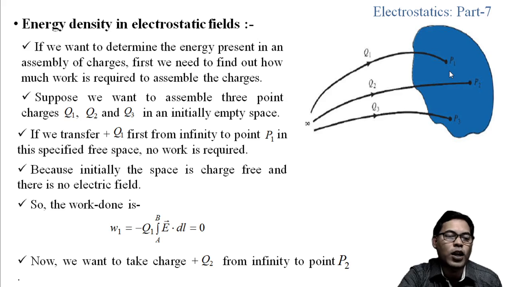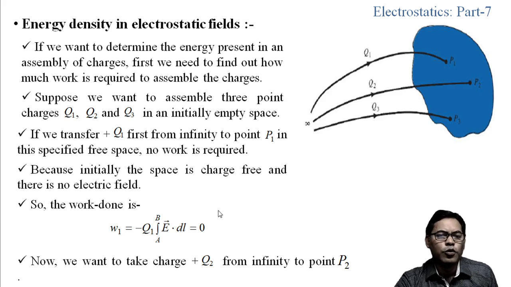So the total work done will be 0, because initially the space is charge free and there is no electric field. So for the work done W1, which is the work done to move Q1 from infinity to P1, W1 equals to minus Q1 integration from A to B of E dot dl, which will be equal to 0.